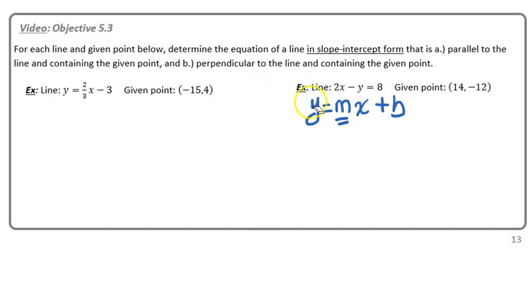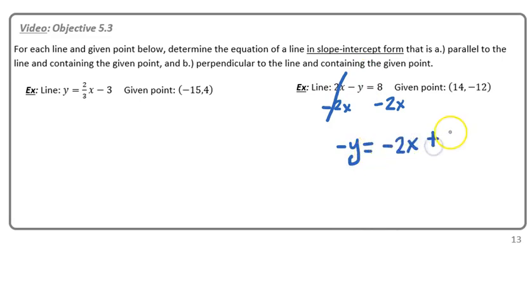So we need y all by itself. So what can we do to isolate the y? Well, we've got a positive 2x here, so I'm going to subtract 2x from both sides. And 2x minus 2x leaves negative y equals negative 2x plus 8.